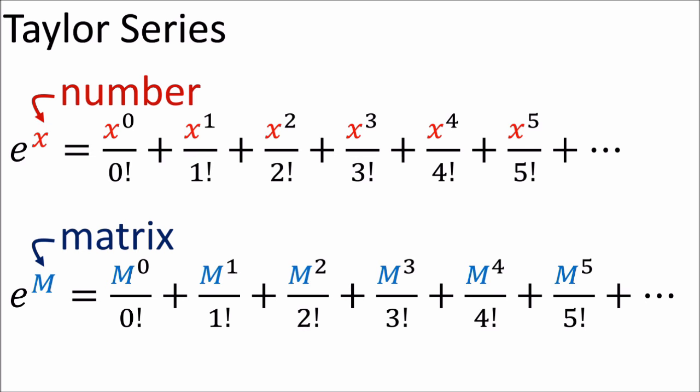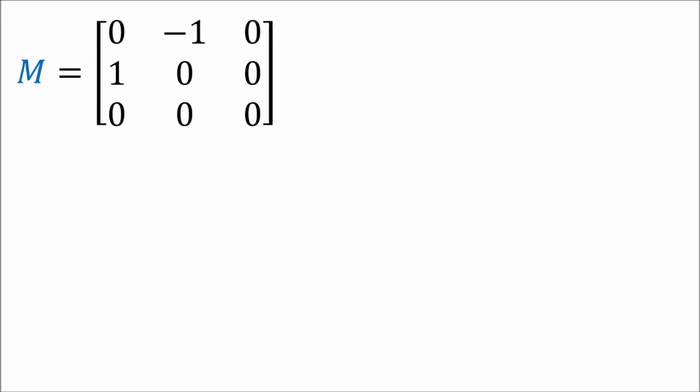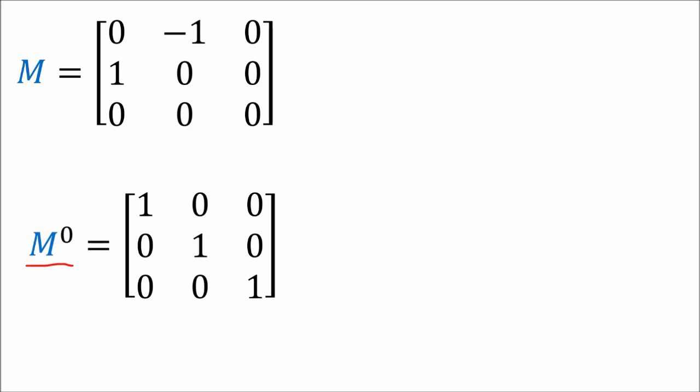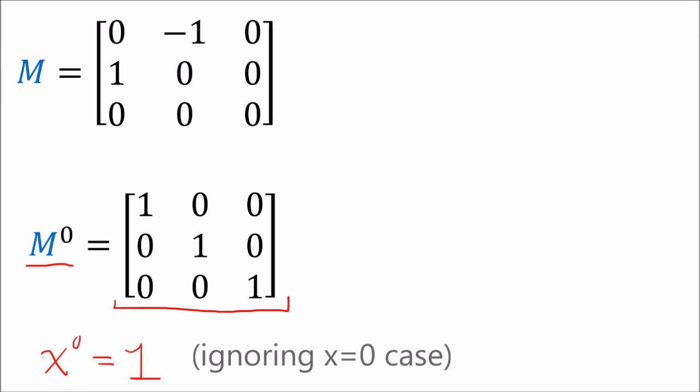While this gives us an infinite series, in our example, the matrix powers will form a repeating pattern, so we actually only need to evaluate the first few powers. So let's evaluate the first few powers of the matrix M and see what we get. For M to the 0, we're going to say that any matrix to the power of 0 gives the identity matrix, similar to how any number to the power of 0 gives 1.